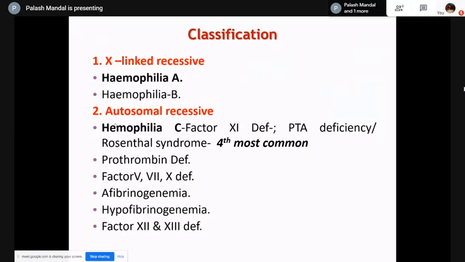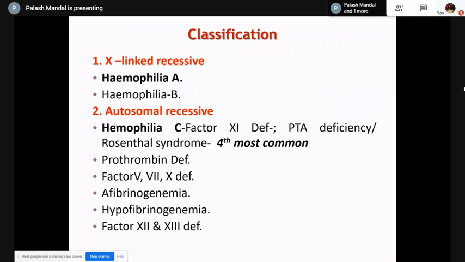In autosomal recessive disorders, we have hemophilia C. This term is not very old. It was also known as Rosenthal syndrome, due to factor 11 deficiency, and that is also known as hemophilia C.